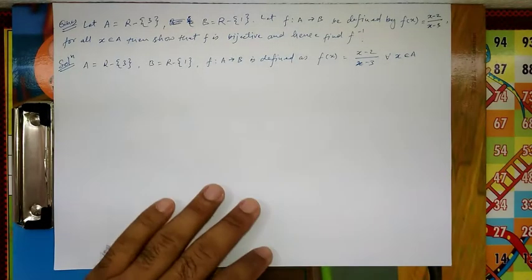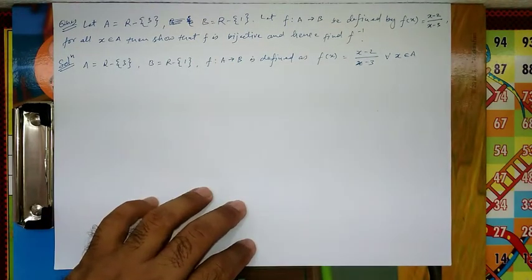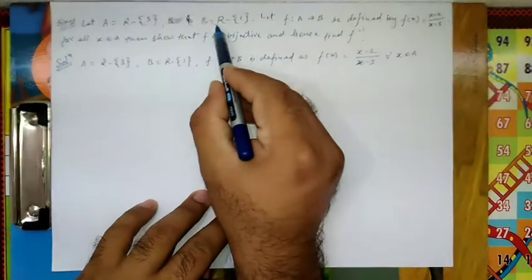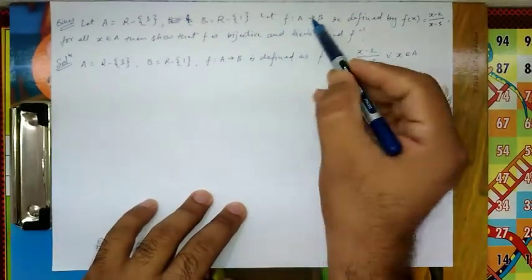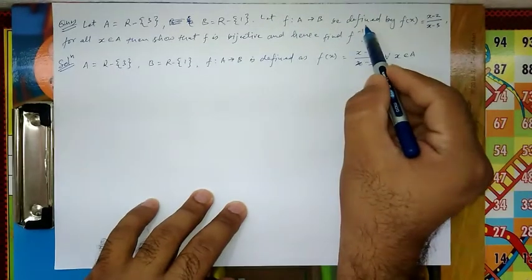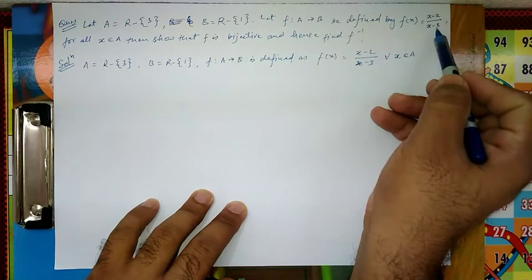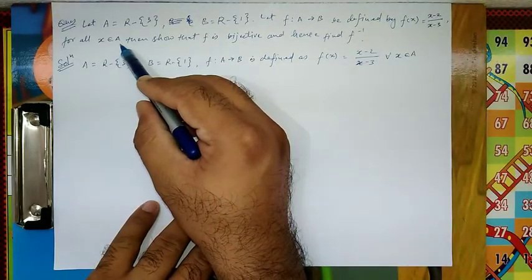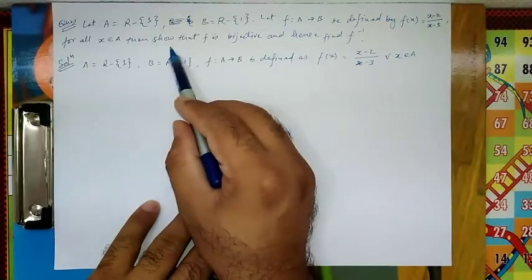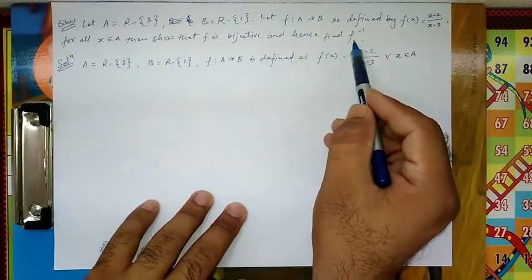Question says, let A equal to R minus 3 and B equal to R minus 1. Let f, a function from A to B, be defined by f of x equal to (x minus 2) divided by (x minus 3) for all x belongs to A. Then show that f is bijective and hence find f inverse.